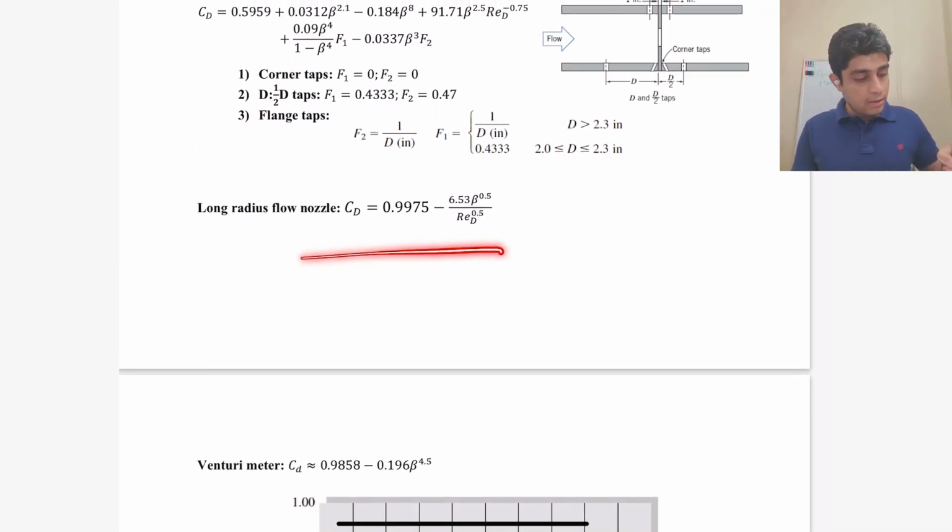Similarly, for a long radius flow nozzle, the coefficient of discharge depends on the upstream Reynolds number and the geometrical ratio beta. So you can find out the coefficient of discharge for a long radius flow nozzle from here.